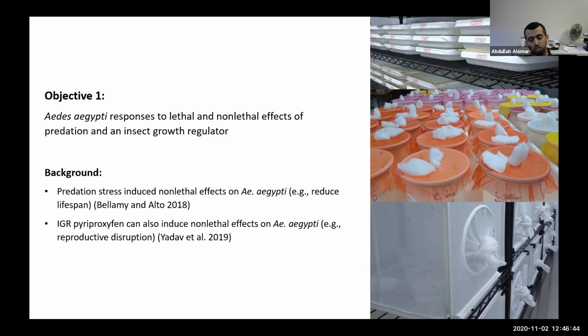Larval exposure to pyriproxyfen was also found to induce some non-lethal effects on Aedes aegypti. So in my experiment, we determined the interactive effect between predation and pyriproxyfen. We measured the effects of exposure to pyriproxyfen and predator, either alone or in combination, during the larval stages on survival to adulthood, and also size and lifespan.